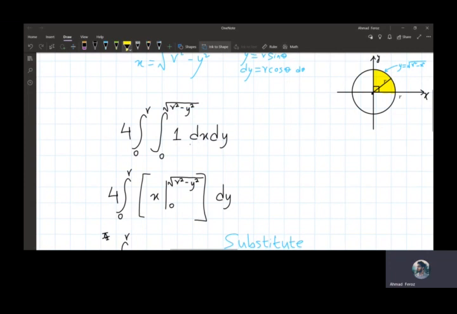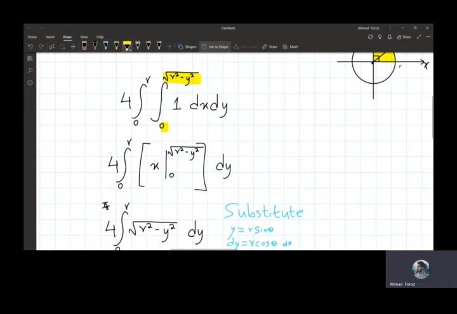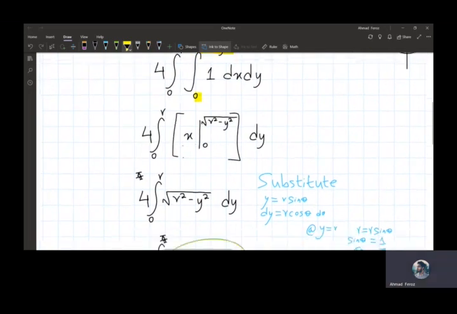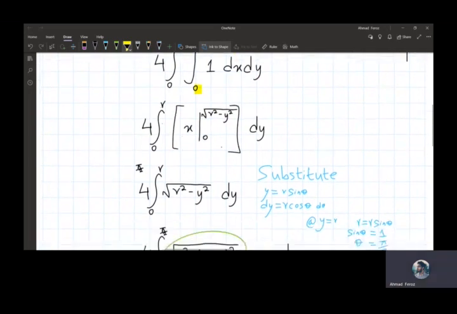When we're integrating with respect to x, we only look at these two limits. As the internal function was 1, it simply becomes x, and then we insert these limits, and then we integrate it with respect to y.